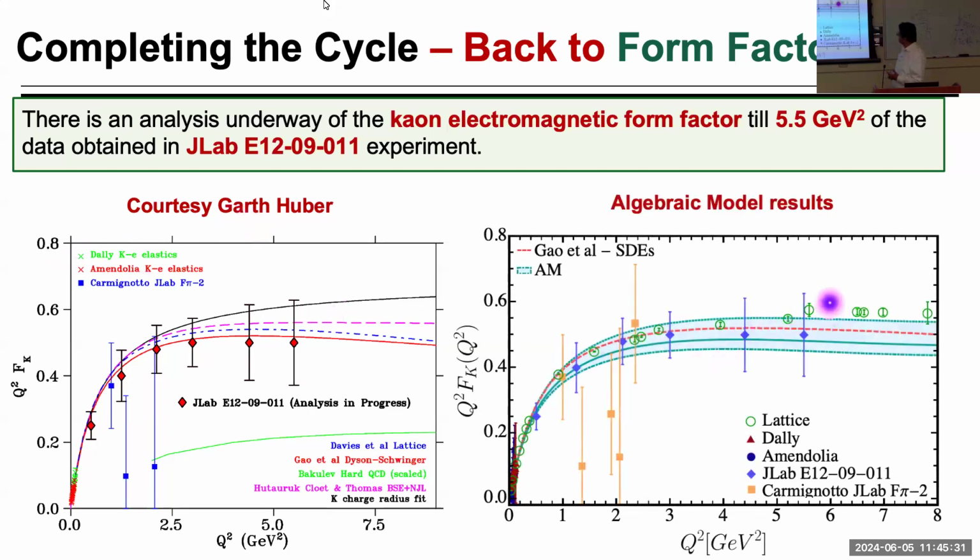But when you put this here, it is of course not quite okay with this blue band that we have for our algebraic model results, which we have shown here up till about 8 GeV squared, along with these results from lattice that have just recently come out for the kaon. We have shown only about 8 GeV squared, but these lattice results are available till 28 GeV squared, because the strange quark mass is heavier, so it's easier to do the lattice computation.